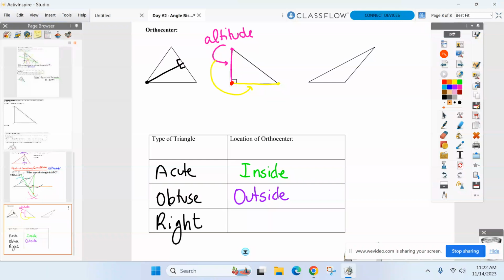It's actually on the triangle. Make sure you know what we're talking about with on. Right there. We good? So there's no special fact about an orthocenter, but I do need you to know where it's located based on the type of triangle.